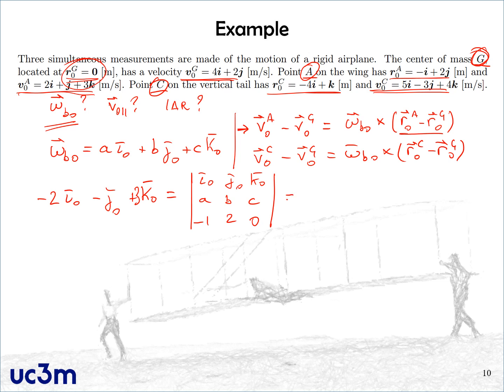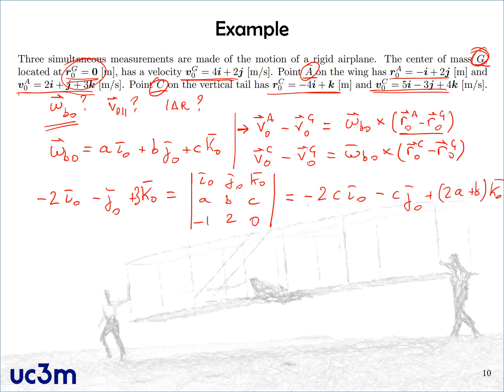Okay. So if we solve this cross product, what we have is 2C i0 minus C j0 and plus (2A plus B) k0. Okay. From this vector equation, we can basically separate 3 scalar equations.